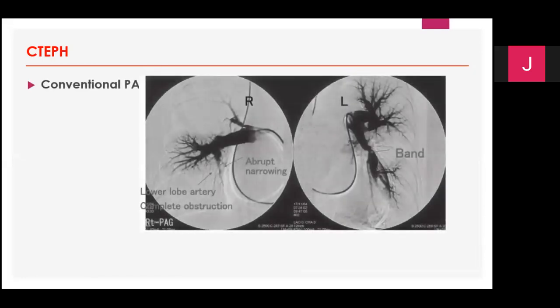Of course, if this patient is sent to surgery, to pulmonary thromboendarterectomy, we should have a conventional pulmonary angiography for complete delineation of the pulmonary circulation anatomy before surgery. Remember, CTEPH can be cured if the surgery is appropriately done.